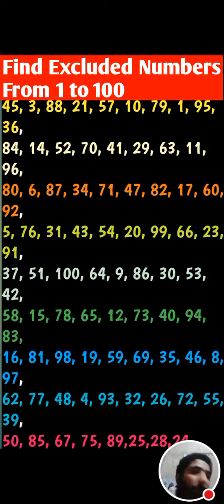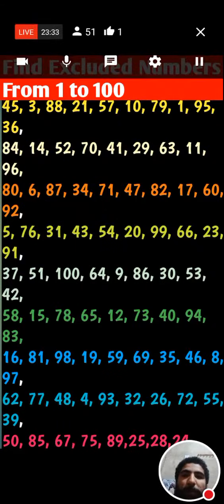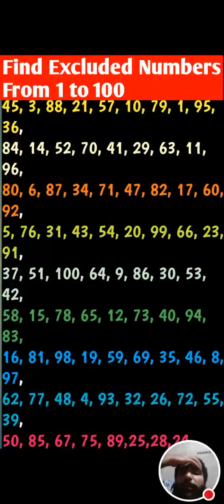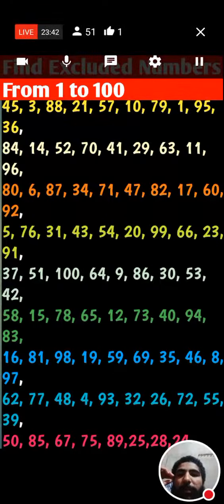So we have to write it on the page. 27. So we have to move onwards to find the numbers that are missing in the list.